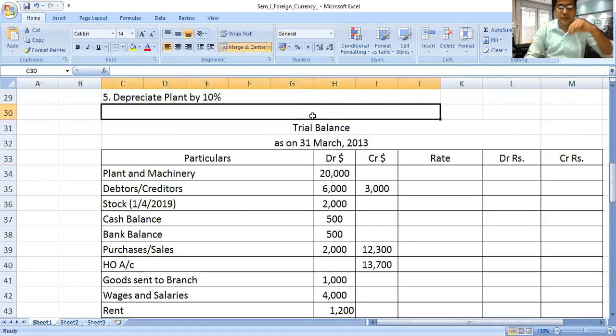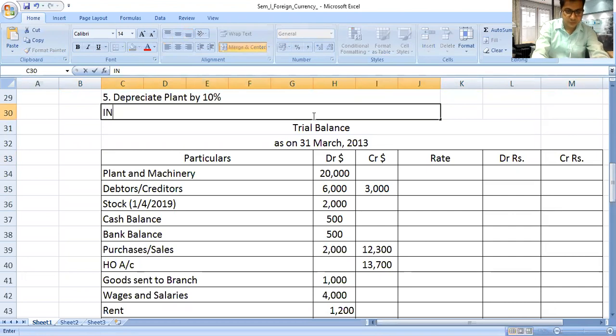But which method do we have to apply? This method is called integrated branch accounting.